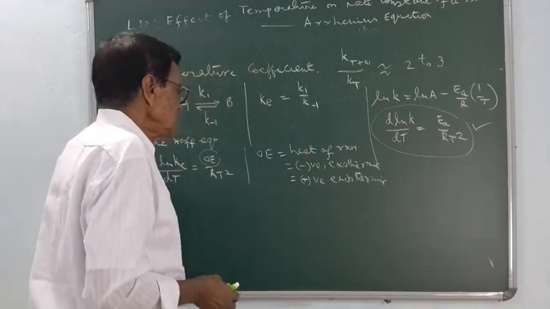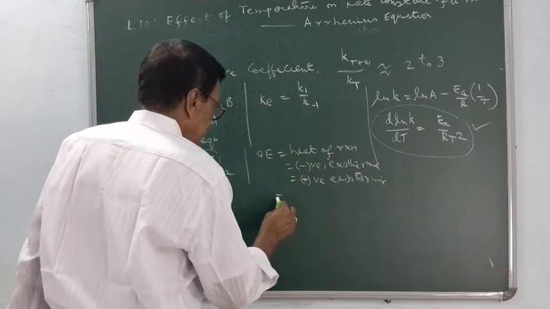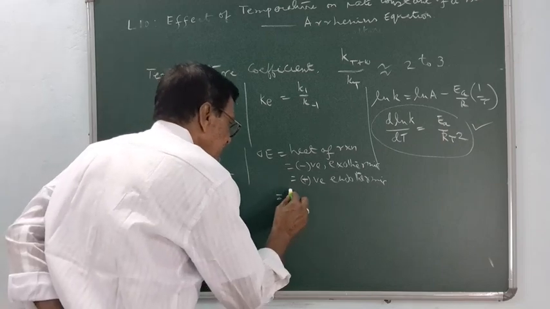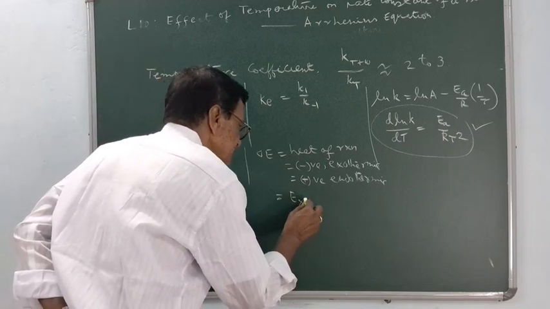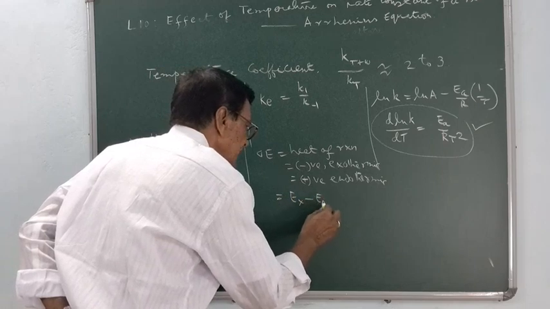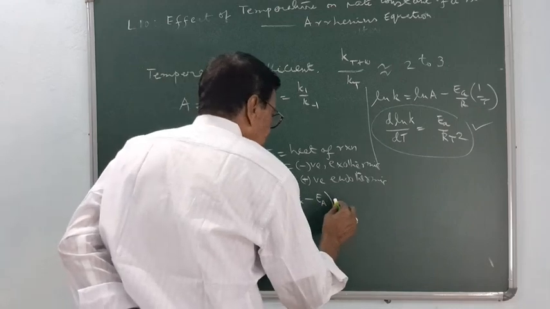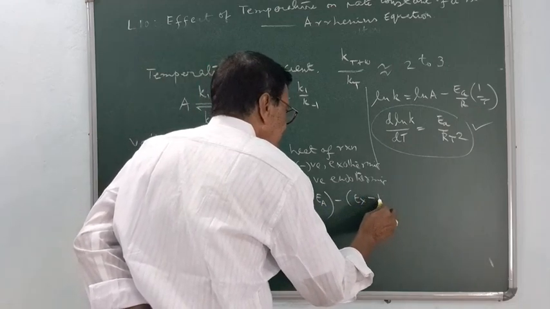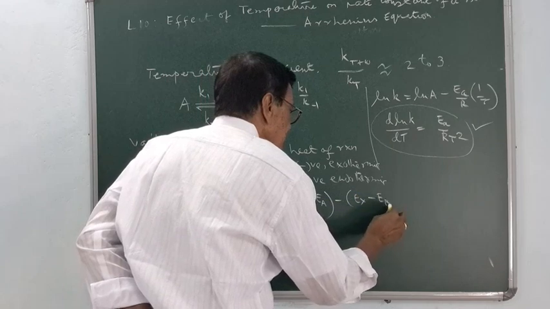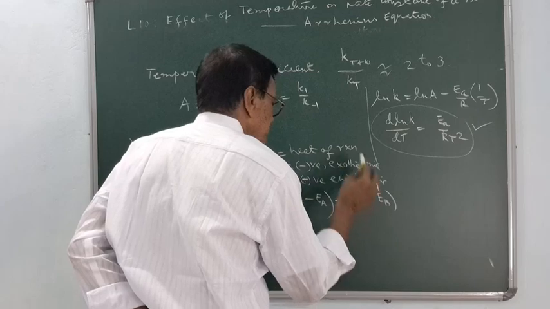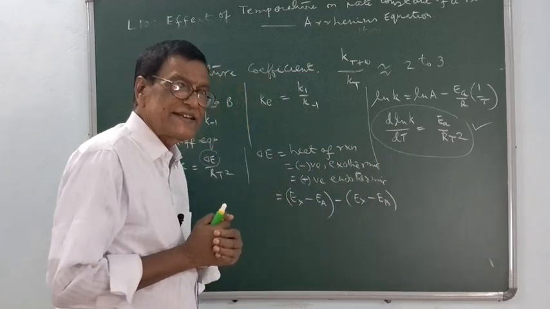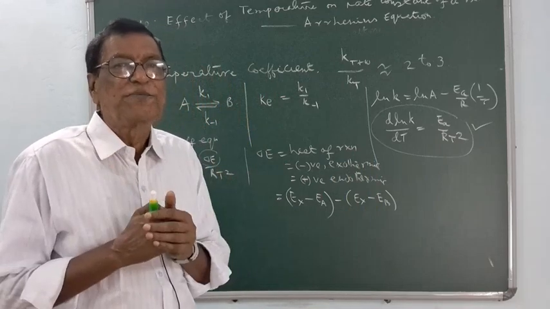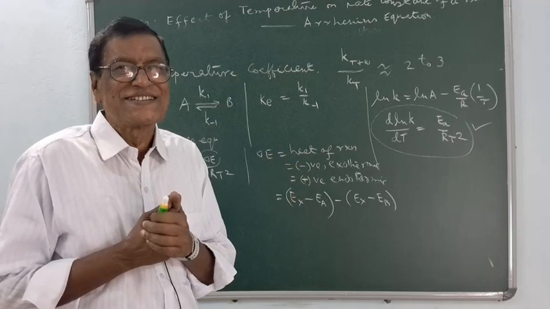So this delta E here, we can write as Ex minus Ea minus Ex minus Eb. Ex is the energy of this activated complex.